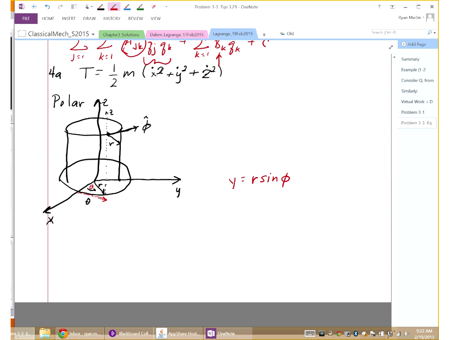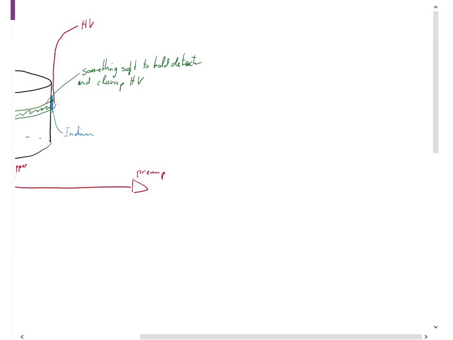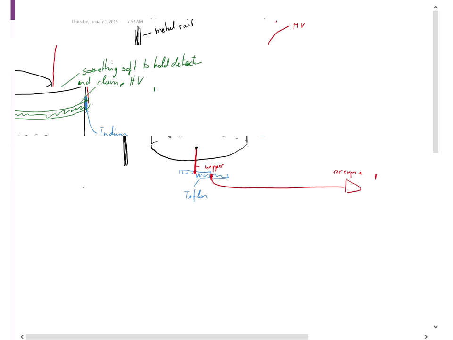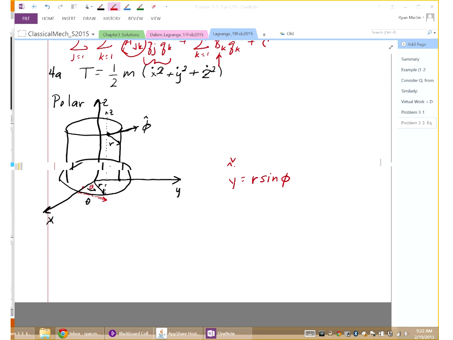And our x is clearly the cosine. And z is unchanged. Are there any questions at this point?